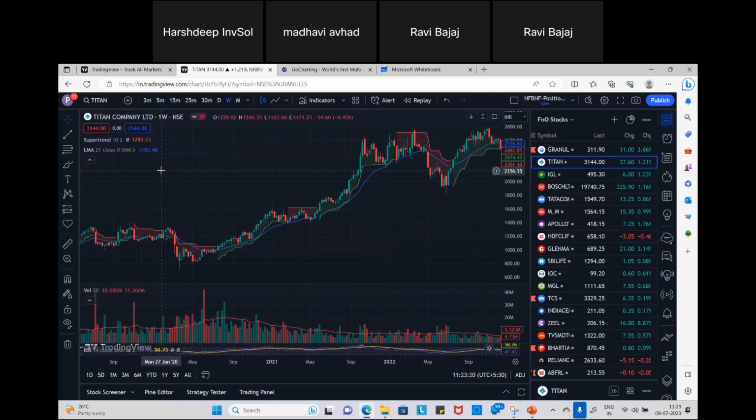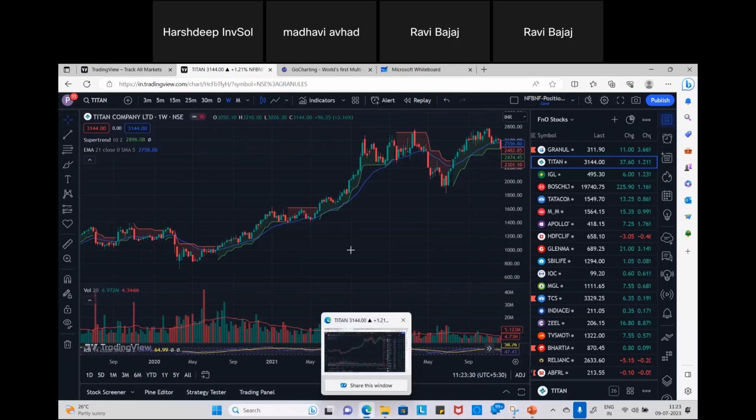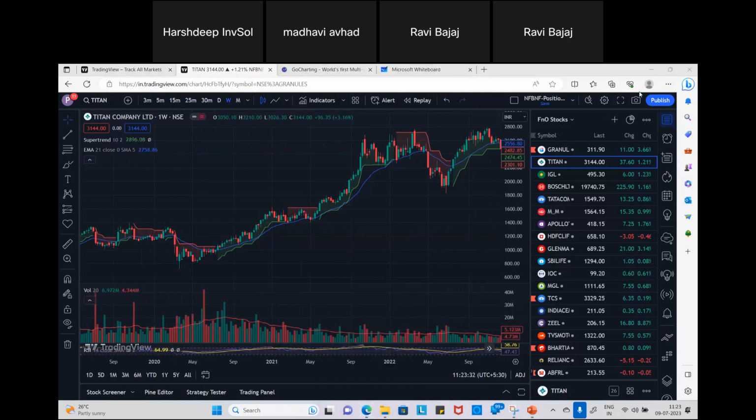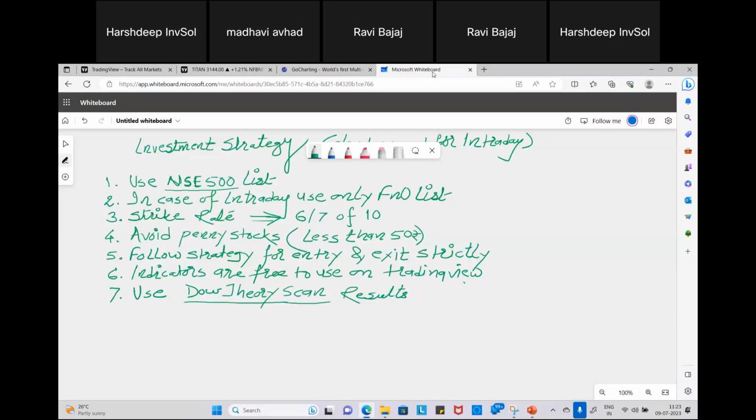So we have two indicators. One is Supertrend and another one is an EMA. This has to be used in a trending market. So let me add that as a note additionally: use this in trending market.